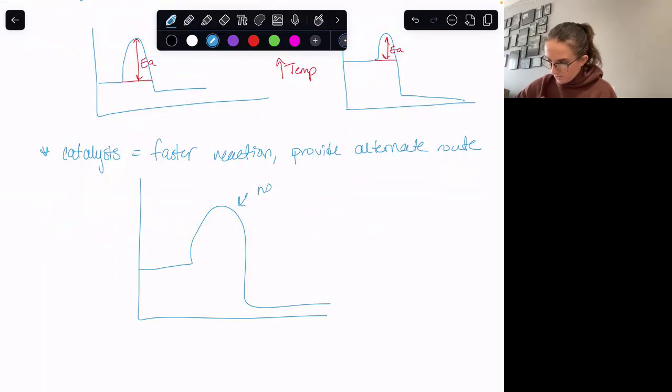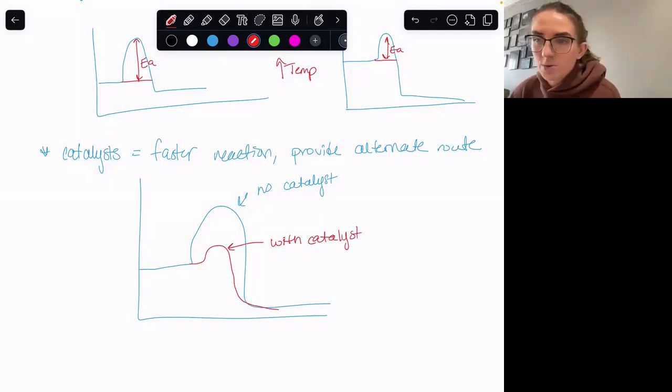This is no catalyst. And then with the catalyst, it might look like that, where we have a lower activation energy. So it's not changing the energy of your reactants or products. It's just providing an alternate route that the reactants can go through now that there is the catalyst present.